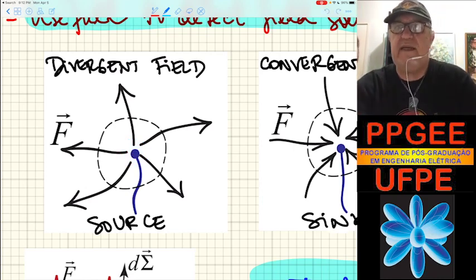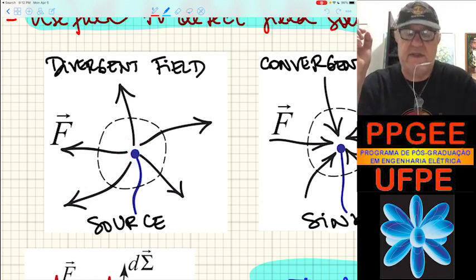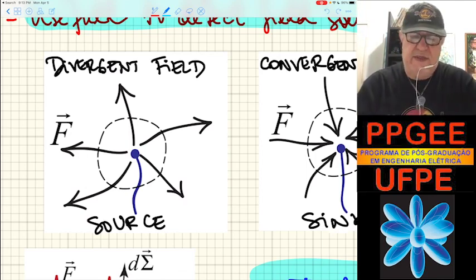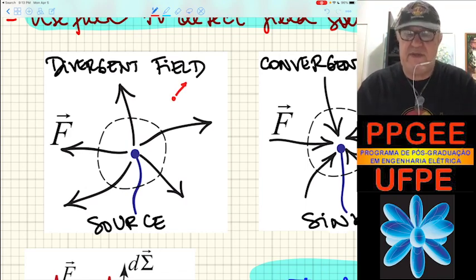For instance, an electric charge creates around it a field of force, in which a test charge placed nearby will feel this force. For instance, it might be repelled from the region.